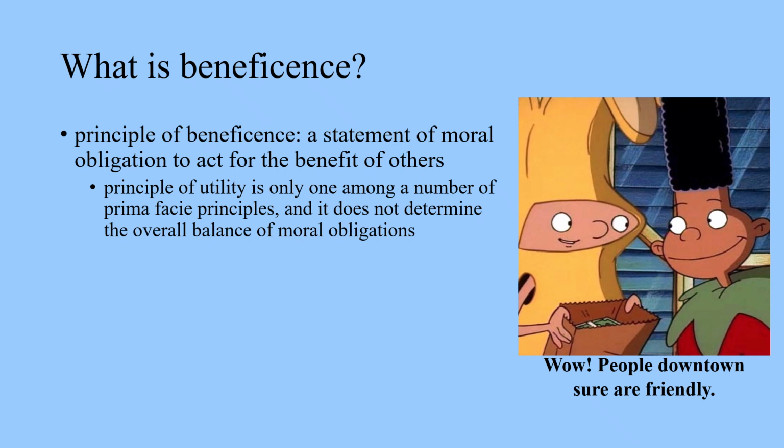If you remember when we were first talking about the Vaughan reading, Vaughan outlined 5 different principles for bioethics, and I told you how there are typically 4, and that utility is usually integrated into the other principles. That's what Beauchamp and Childress are telling us here, because utilitarianism is about acting for the benefit of the most. If you remember, the greatest happiness principle is to maximize goodness for the most involved.